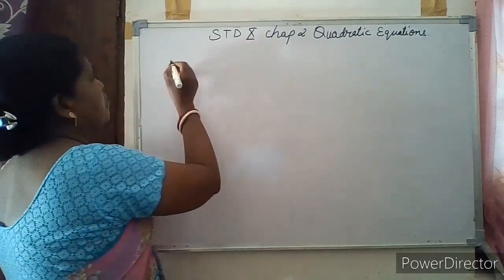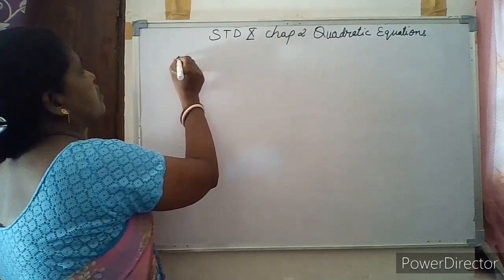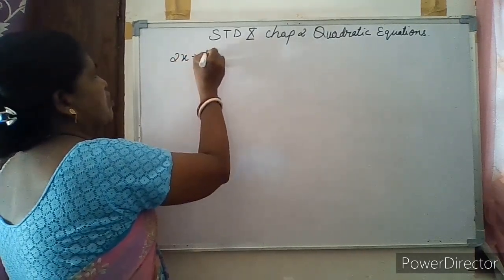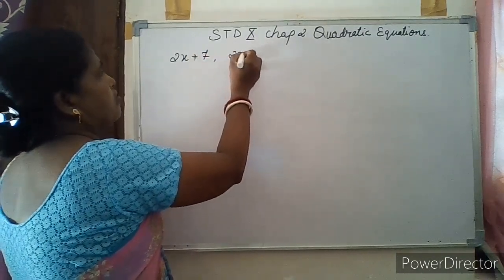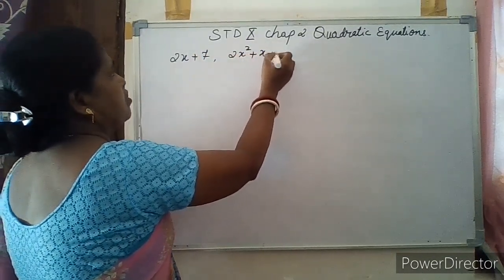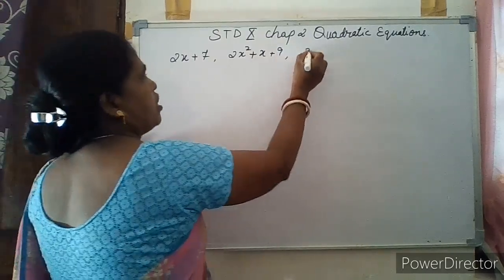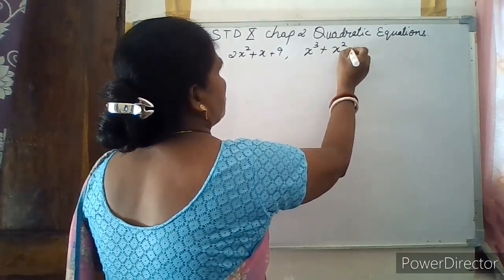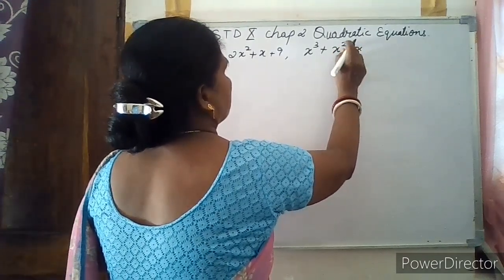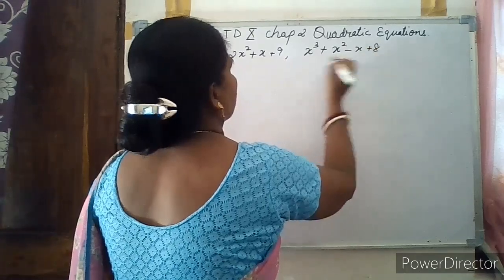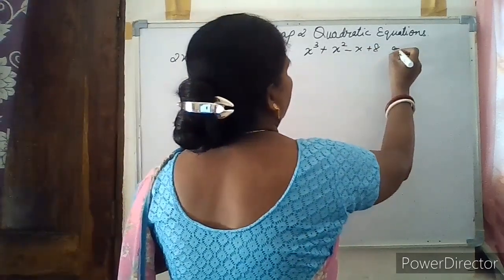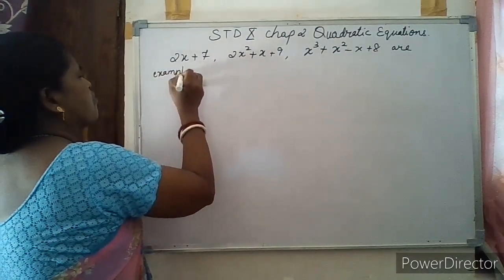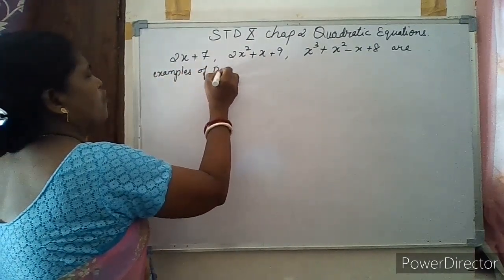So, types of polynomials. You know that expressions of type like 2x plus 7, or 2x squared plus x plus 9, or x cube plus x squared minus x plus 8, these are examples of polynomials.